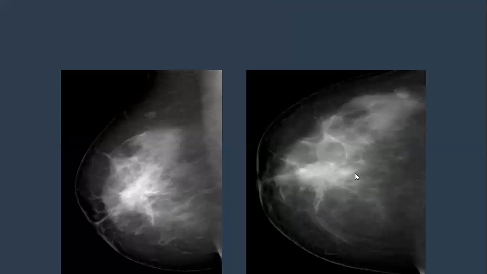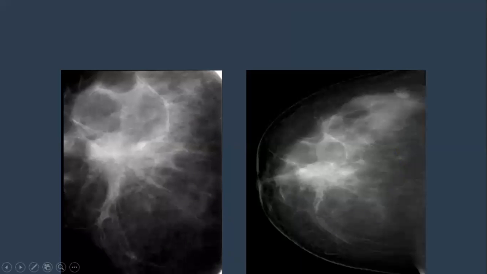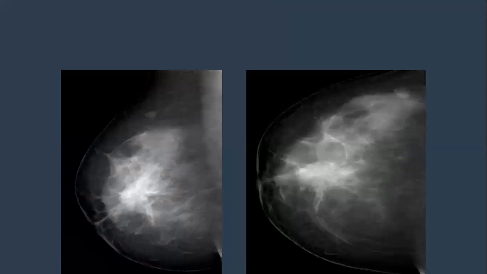Another example. Quickly. Go ahead. There is an area of architectural distortion at the center of the breast, behind the nipple, with associated nipple retraction.